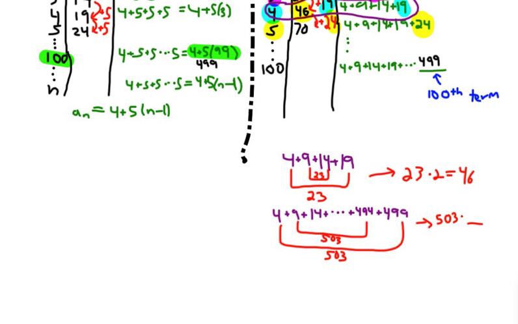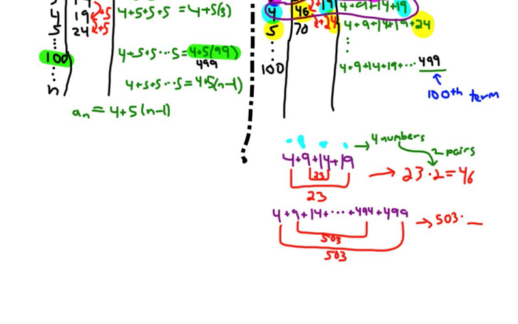So how many pairs do we have? Well, let's look back up at the example for when n was 4, and we were trying to find the sum of the first 4 terms. We had 1, 2, 3, 4 numbers that we were trying to add together. But then we paired them up, so that meant we had 2 23s, 2 pairs of numbers.